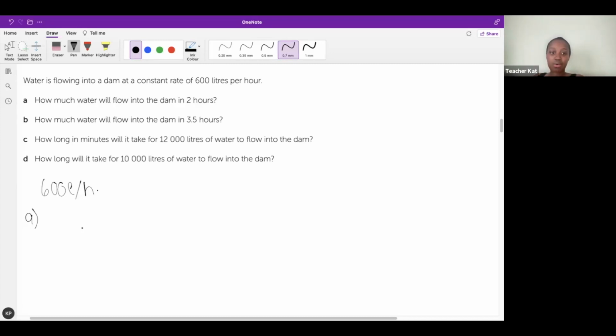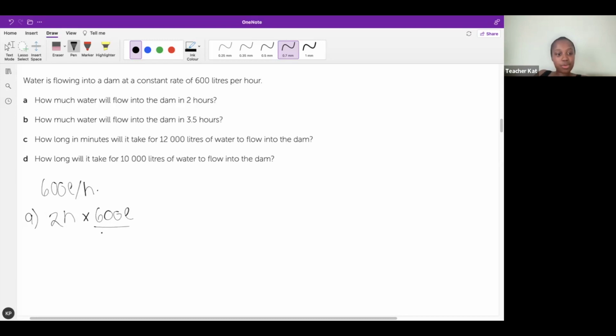We've been given the hours, so we're going to divide or multiply. What do we think? So I have 2 hours here and I want to get rid of it. That means I'm gonna multiply, right?